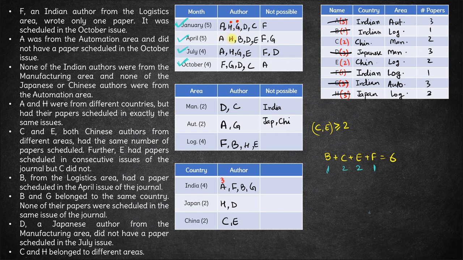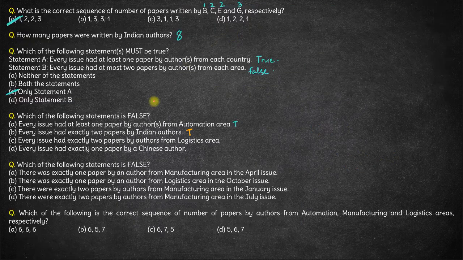In April, F, B, H, E. So in April there are 3 people from logistics area. But option C says there has to be exactly 2 from logistics area. So this is false. So we have to figure out the false statement. Option C is definitely false. If you check for D, D also will come out to be true. Only option C is false here.